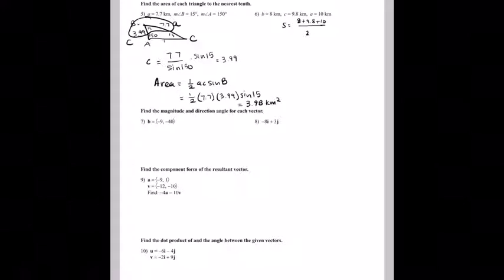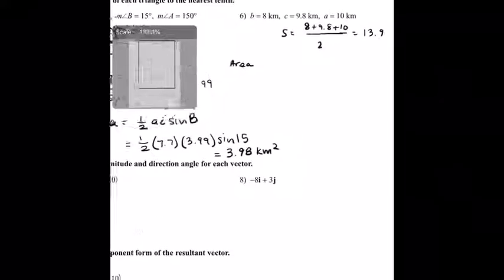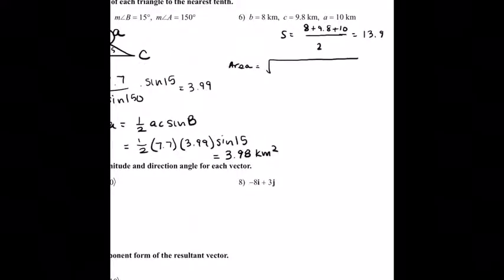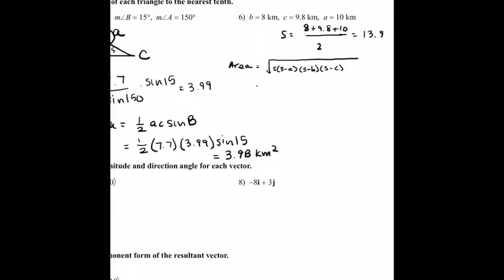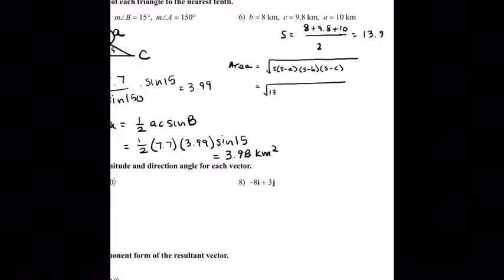That's 13.9. And then the area formula was the square root of S times S minus A times S minus B times S minus C. So 13.9 minus 8, and then 13.9 minus 9.8, and then 13.9 minus 10.